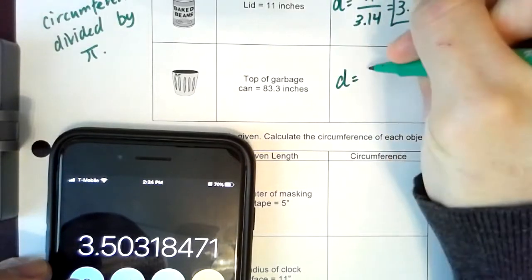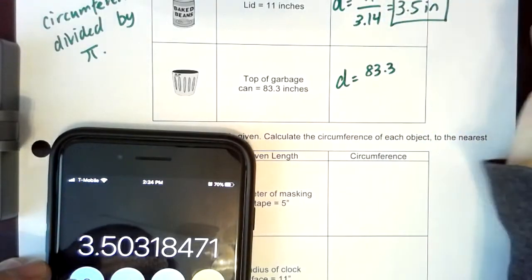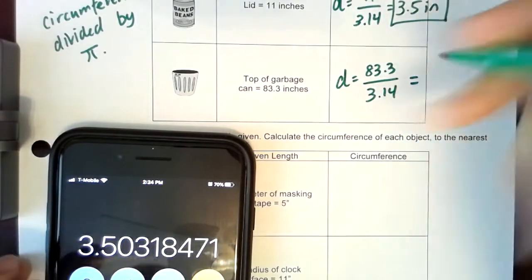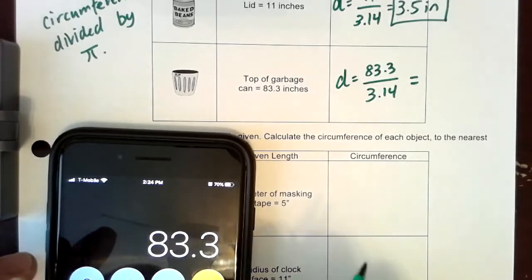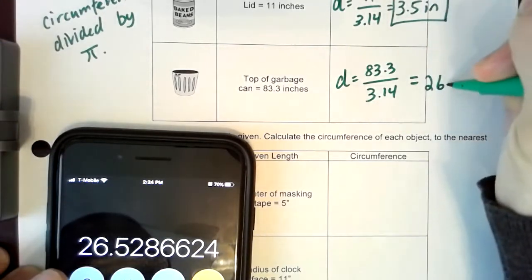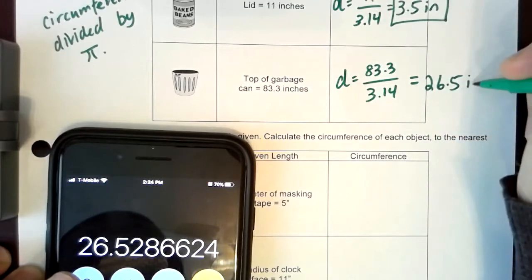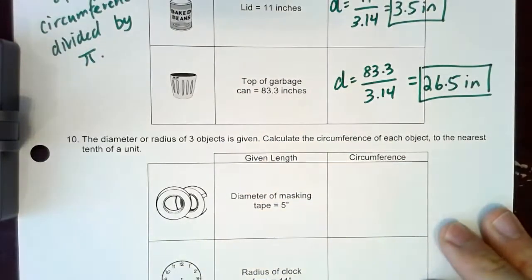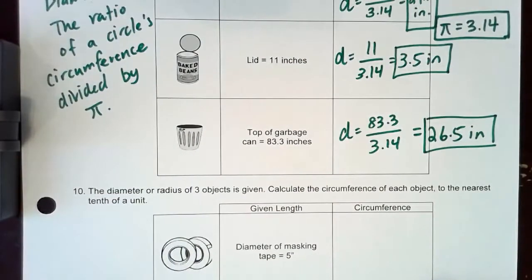We know that it's just simply 83.3, and we just divide that by 3.14. And we get 26.5 inches. Simple. Okay.